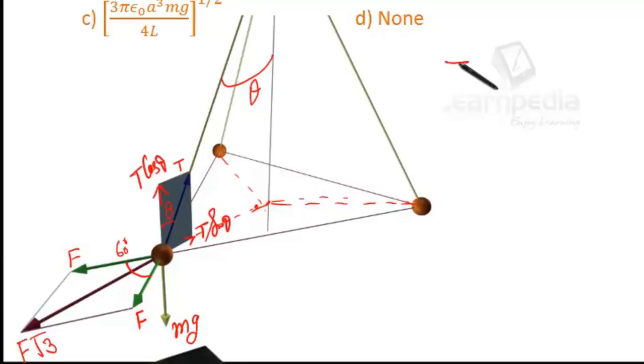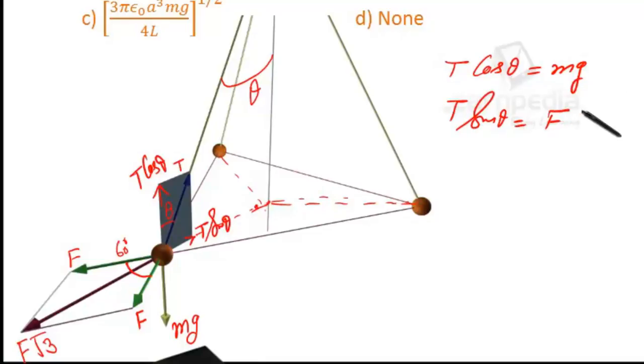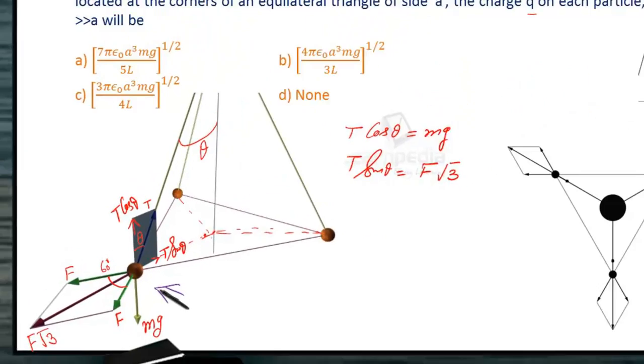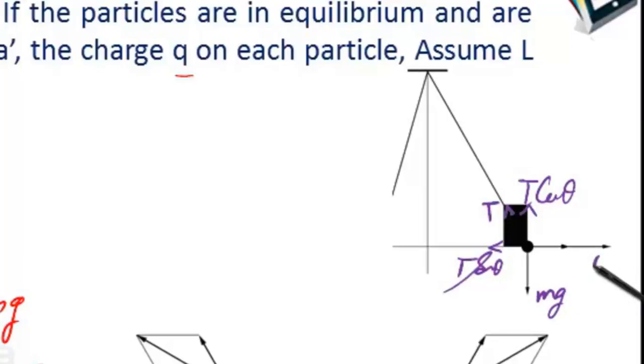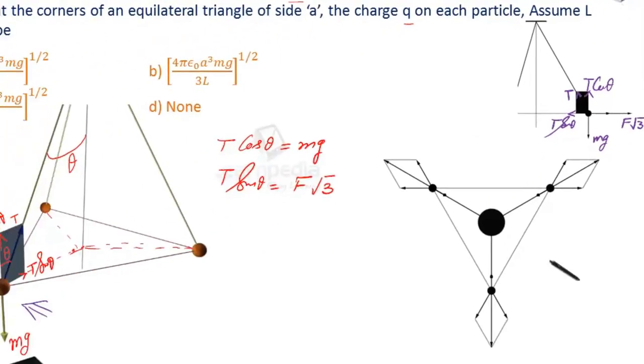So T cos theta must be balancing the weight mg, and T sin theta must be counterbalancing the net electric force acting on any of these three particles. If you see this diagram from this direction, what will you get? You will get this: the tension along the string, its upward component T cos theta, the horizontal component T sin theta, the weight of the particle, and the resultant electric force F root 3.